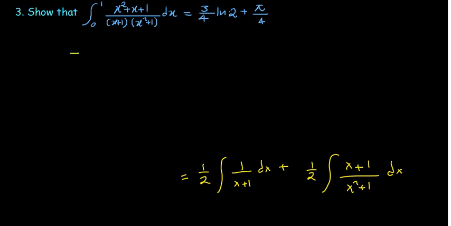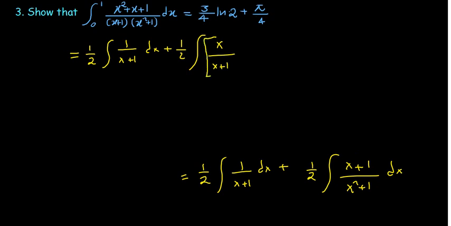So from here we are going to continue, and this will give us 1 over 2, the integral of 1 over x plus 1 dx, plus 1 over 2, the integral. I can as well split this, so that will be x divided by x squared plus 1, okay, and then plus 1 divided by x squared plus 1 also, because the denominator is common, so that is why I've done it in that manner.